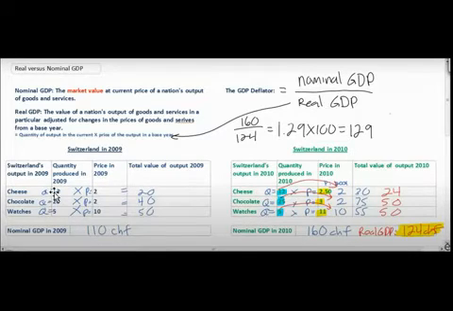If you can see, nagkaroon ng increase sa output or sa quantity output from 10 naging 12, from 20 naging 25, watches constant siya, 5 pa rin. Okay, and at the same time nagkaroon din ng increase sa price from 2 pesos or $2 naging 2.50, from 2 naging 3, from 10 naging 11. Okay?